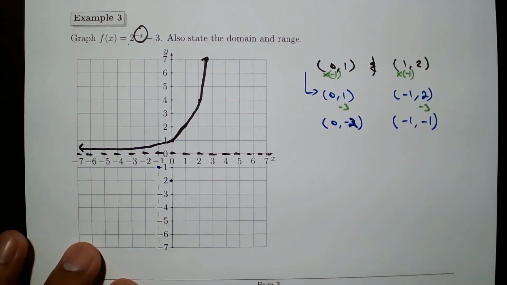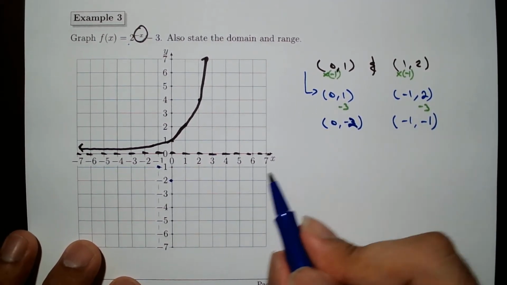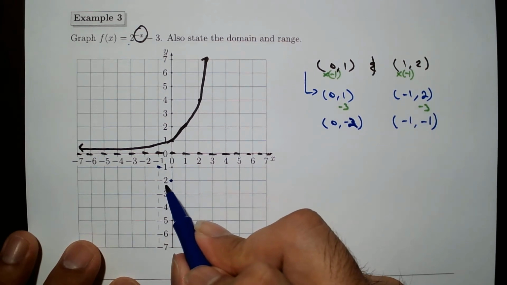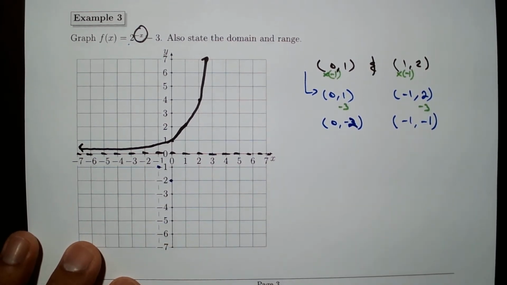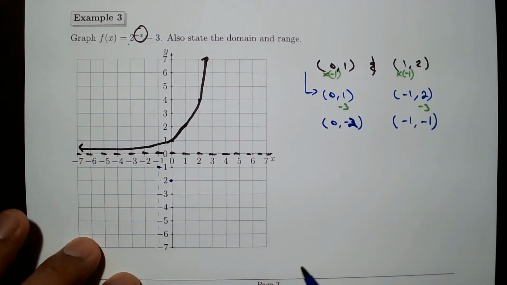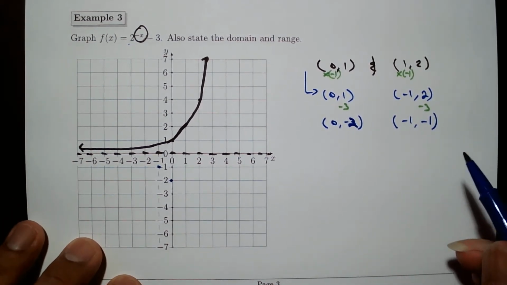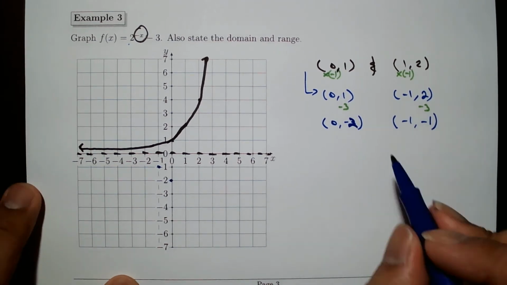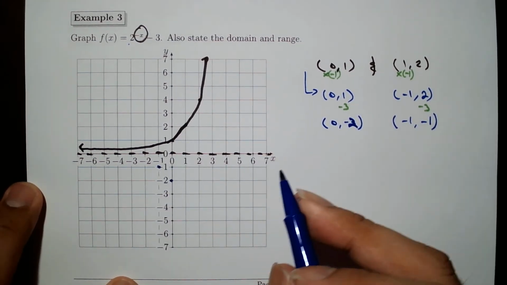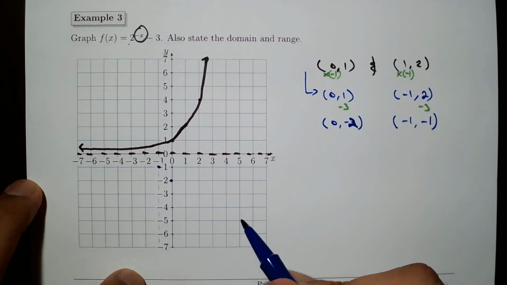Alright, so we graph these points: 0, -2 and -1, -1. So we are supposed to get... it's actually shifted 3 units down.